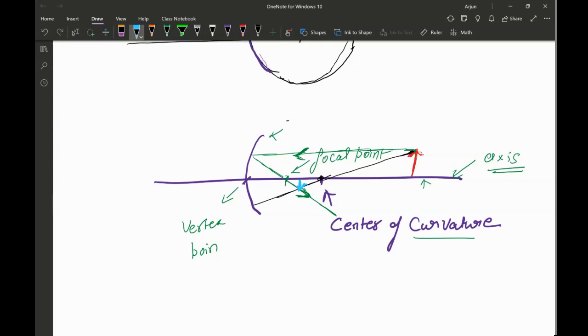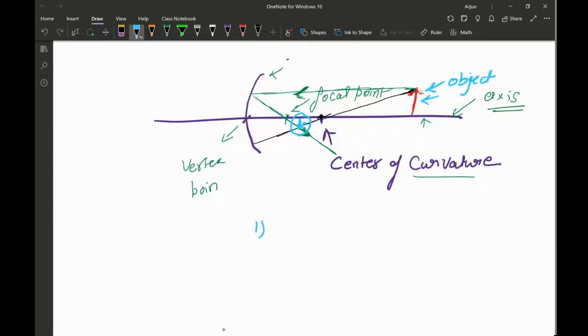Now, let's look into the traits of this image. This image is smaller than the real object. So if I assume this was an object, then the image is clearly smaller than the object. So one trait of the image is that it is smaller in size. Another trait of the image is that it is inverted, upside down, you can say.